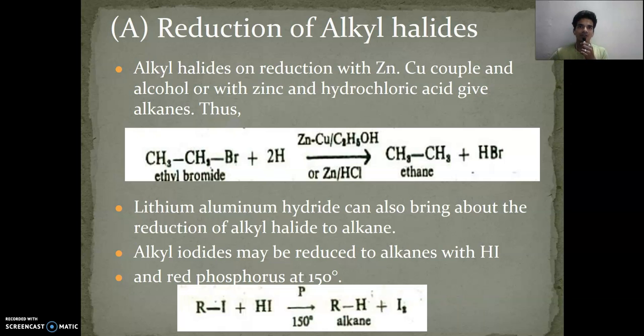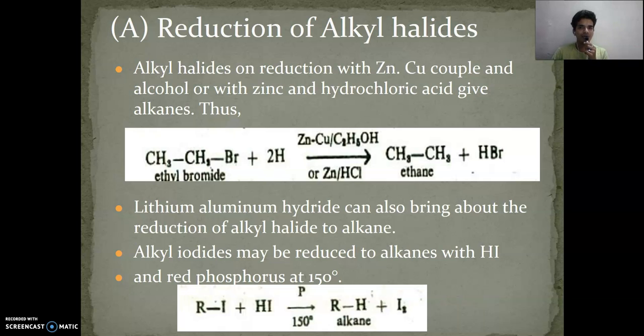Then reduction of the alkyl halides: on reduction with zinc, copper couple with alcohol, or with zinc and hydrochloric acid, it gives alkane, that is ethyl bromide plus hydrogen, that is addition of hydrogen, a reduction reaction. In the presence of zinc, copper, or alcohol, or zinc with HCl, hydrochloric acid, it will give ethane.